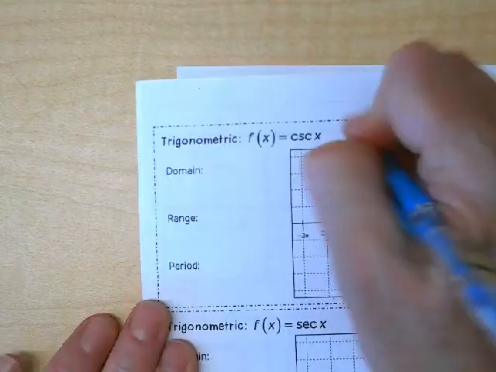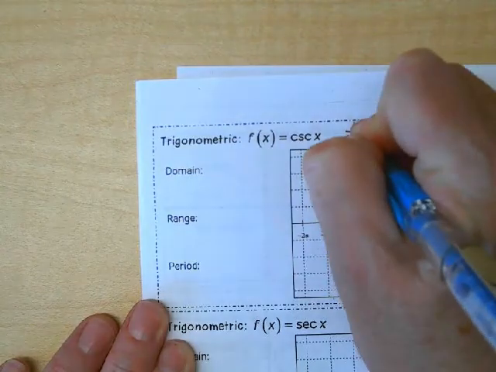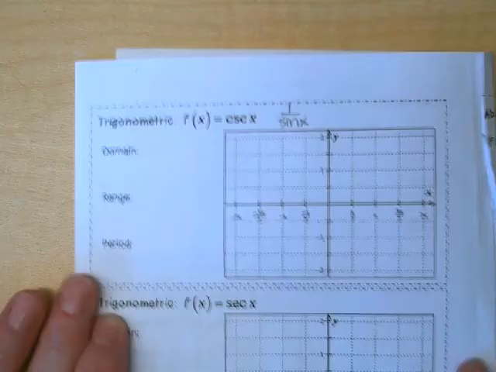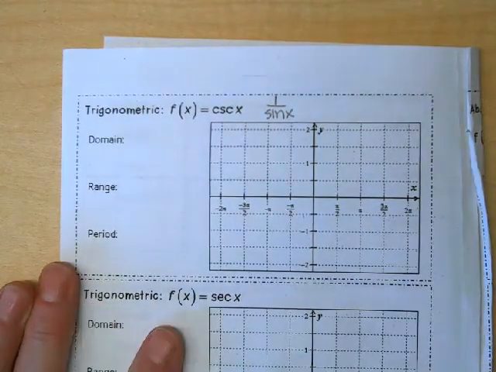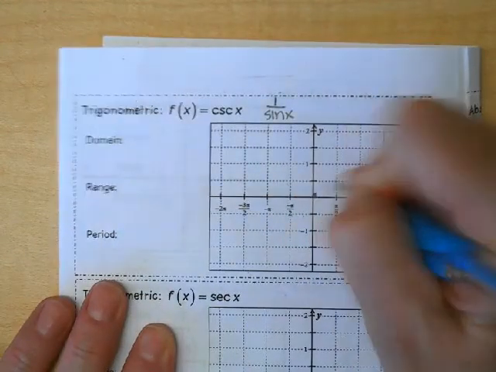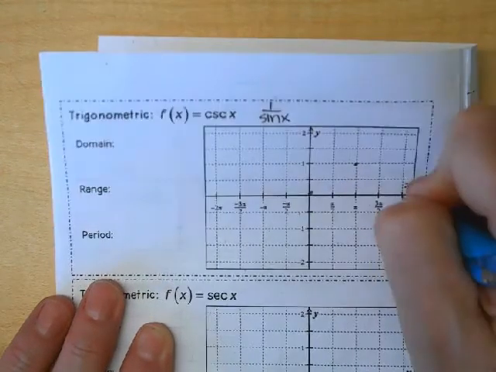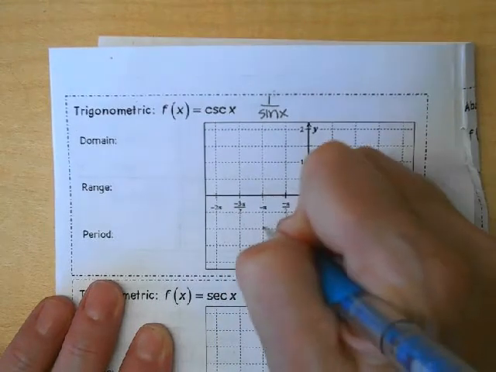Now, when I look at something like the secant and the cosecant, okay, so let's think of cosecant. That is 1 over sine. Okay, so I always have to think about that. And then what I do is I kind of make a little graph of the sine function.